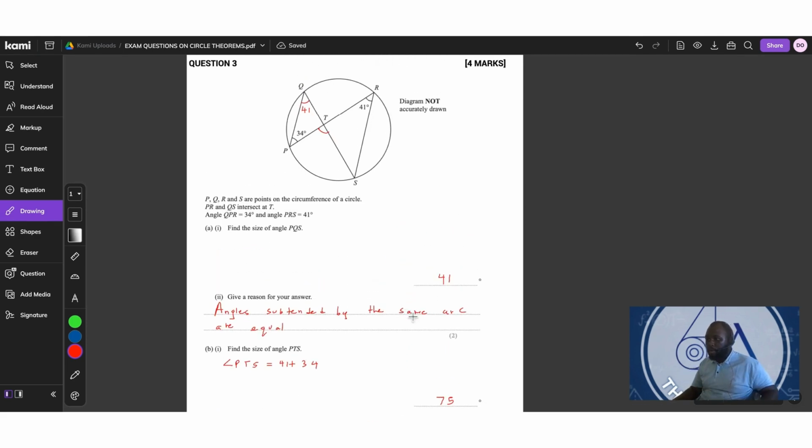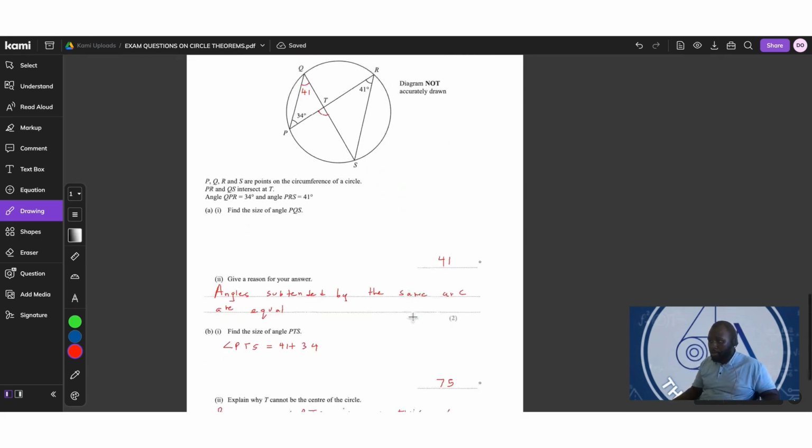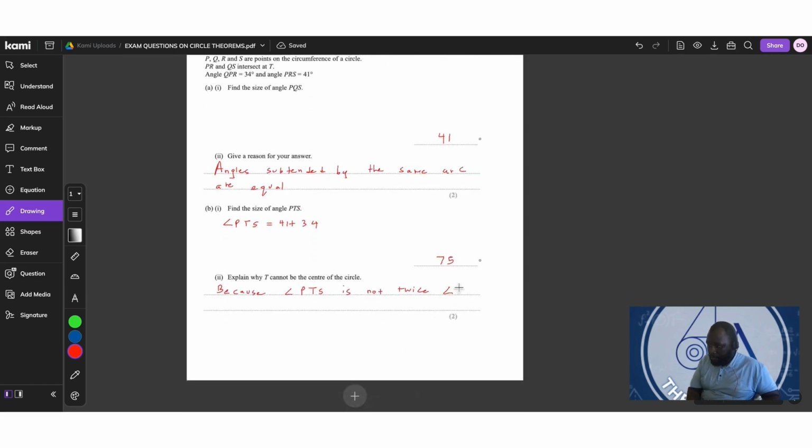It's not twice angle PQT or PRS. Yes, so that is a reason. So our reason to explain why T cannot be the center of the circle is because angle PTS is not twice angle PRS. And we know that at the center of the circle, the angle at the center equals twice the angle at the circumference.